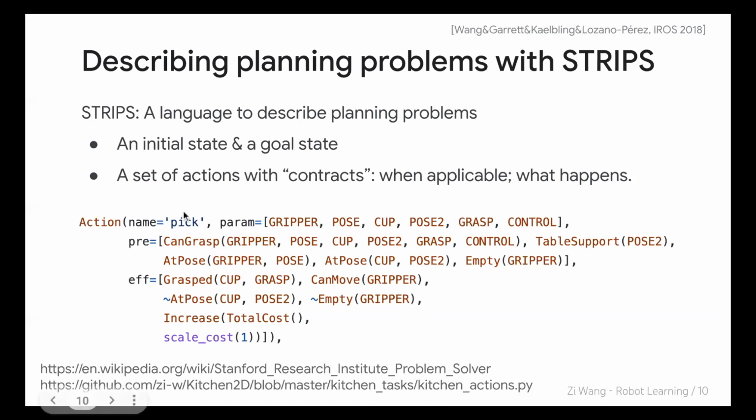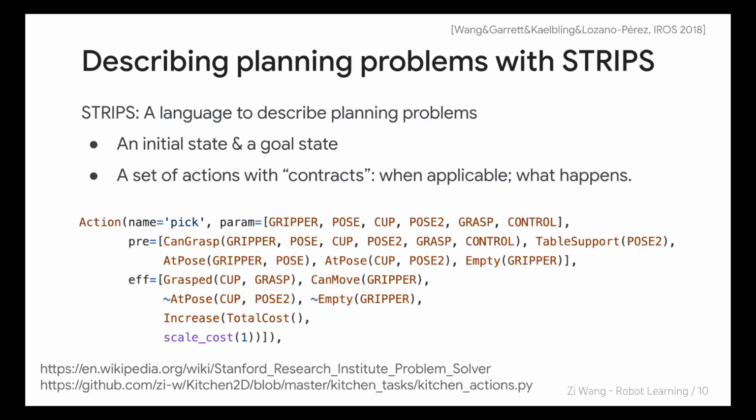And for this action, it takes in some parameters, which are the continuous parameters and objects that it will involve when carrying out this particular pick action. So the parameters that are involved include the gripper itself, the pose of the gripper, so where exactly it is in the world.